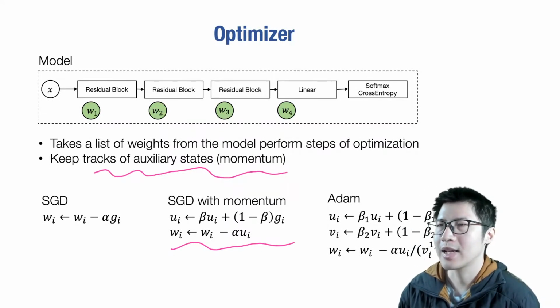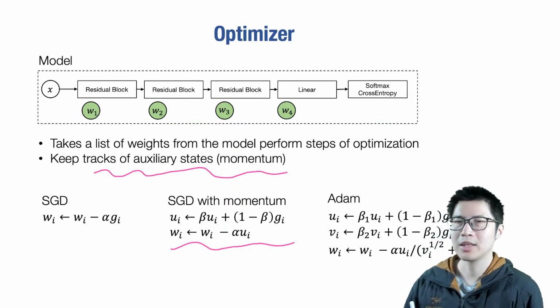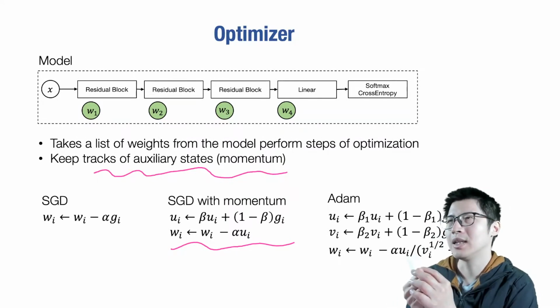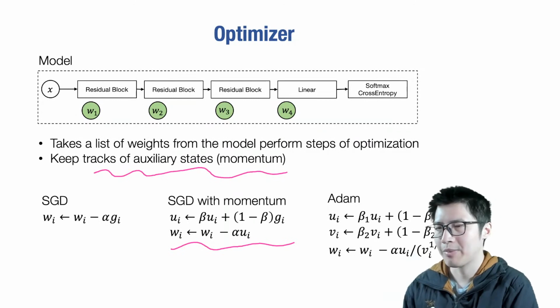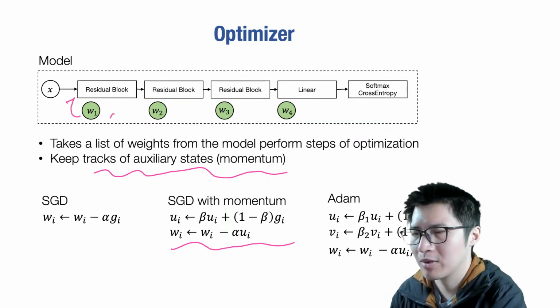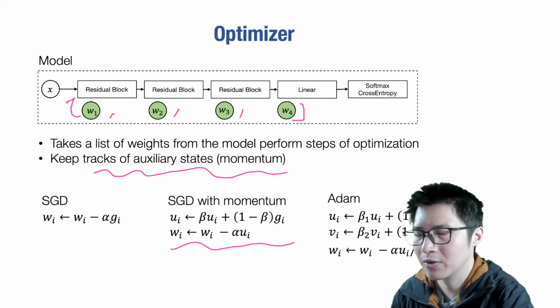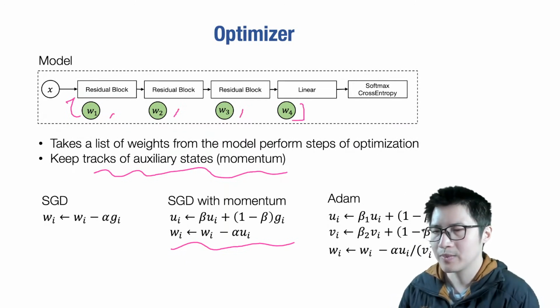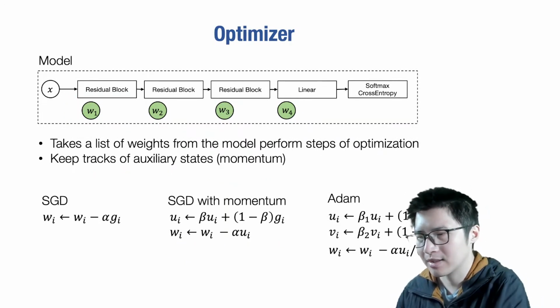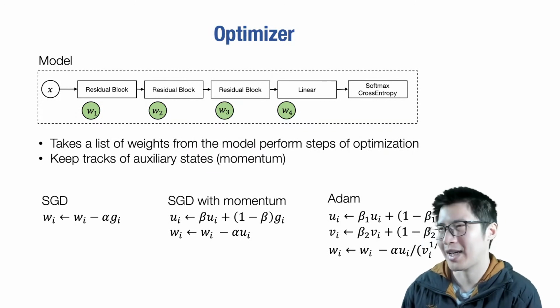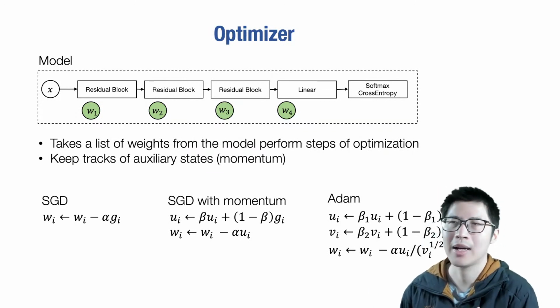So in these cases, the optimizer will need to be able to query the model for how many weights there are. The weights will include W1, W2, W3, and W4, and then it will perform the updates according to some rule, either SGD, or SGD with momentum, or random updates.